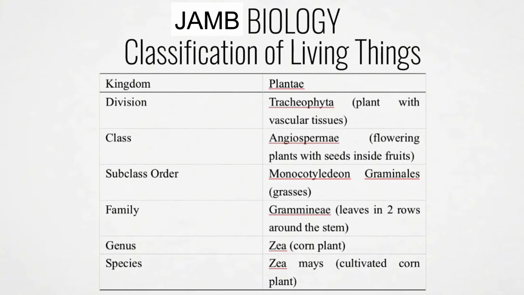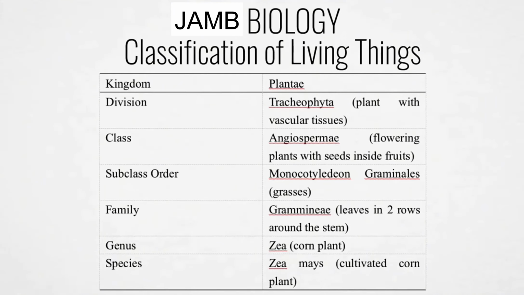It belongs to the kingdom Plantae, to the division Tracheophyta, to the class Angiospermae, to the subclass or order Monocotyledon graminalis, to the family Graminae, then to the genus Zea, and then finally to the species Zea mays.